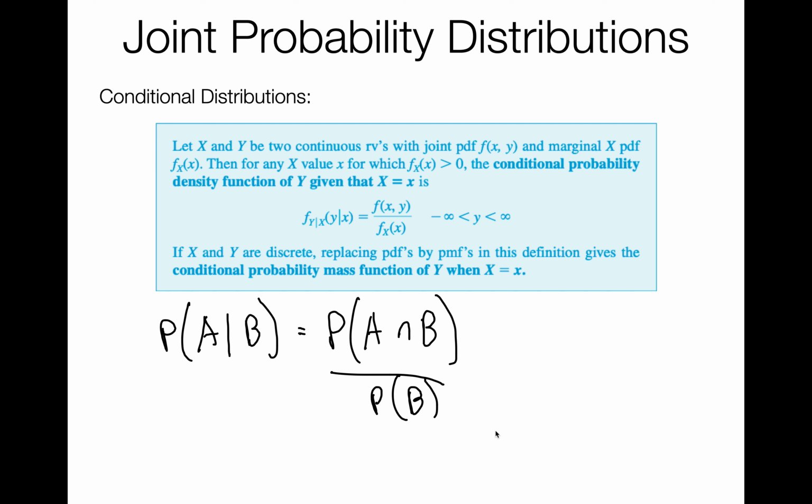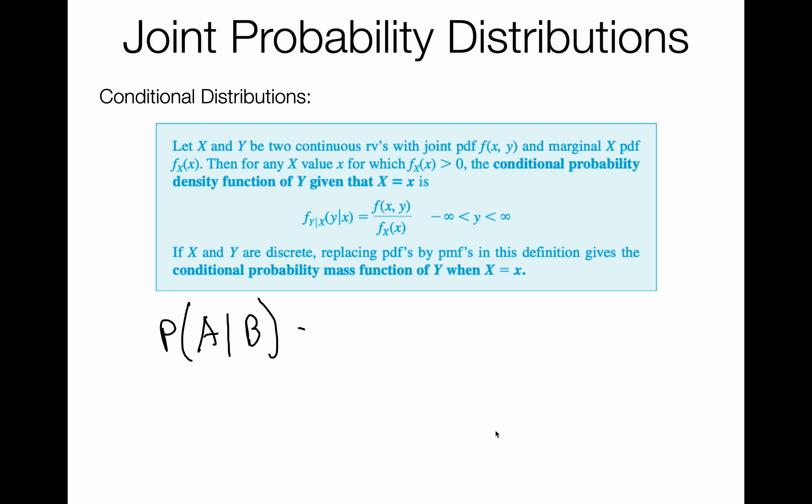So the probability function of y given x is equal to the joint probability, which is now the joint probability distribution function, divided by the marginal probability of the conditioning variable. And so here that's x. And so now instead of just the probability of the conditioning variable, it's now the probability function. Okay, so that's all that's really changed here.